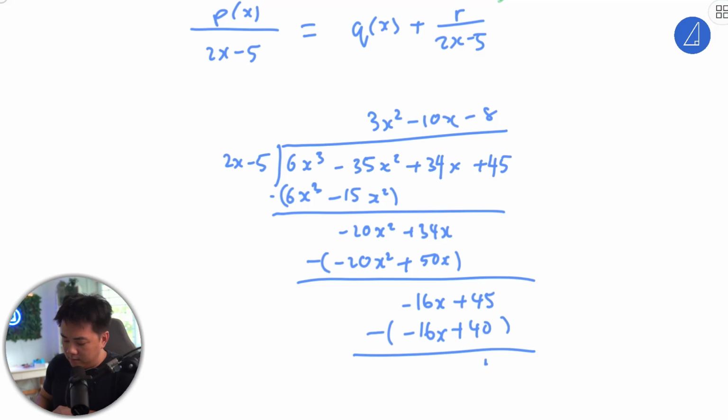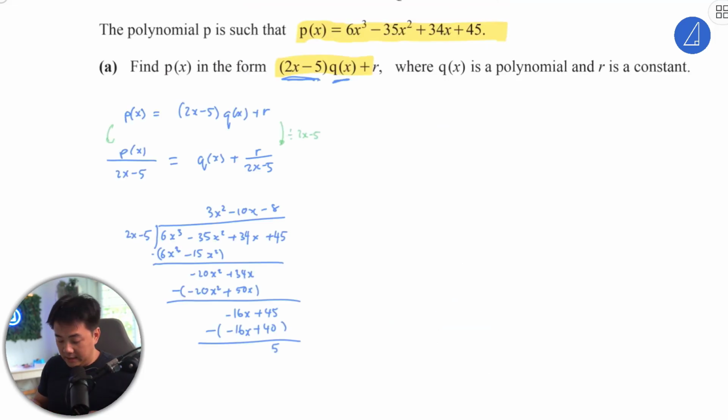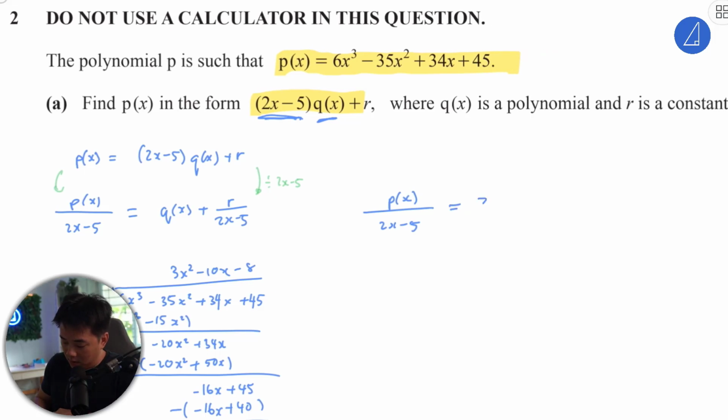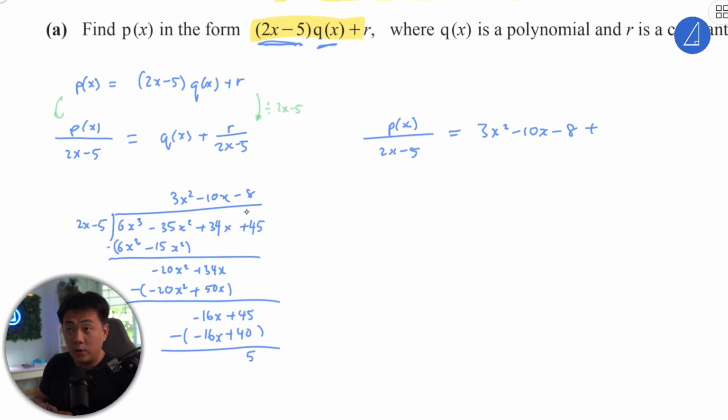I'll get 5. So in this case here, I could write px divided by 2x minus 5 given by this 3x squared minus 10x minus 8 plus the remainder. This is a quotient divided by remainder. So 5 over 2x minus 5.